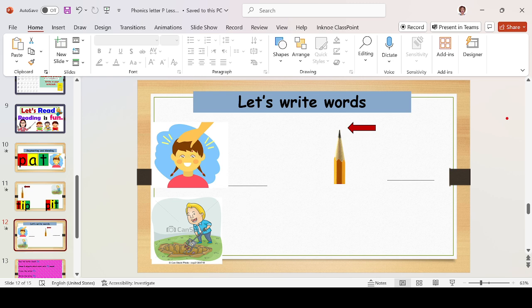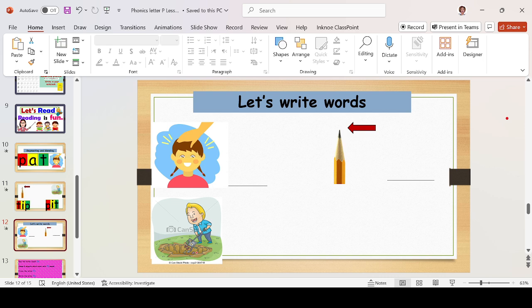So can you remember which word is this one? Yes, we said pat. And this one, we said is tip. Good. And this one, pit. So we have the word pat, tip, and pit.